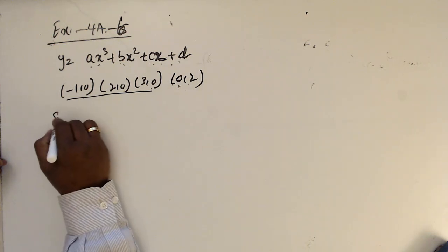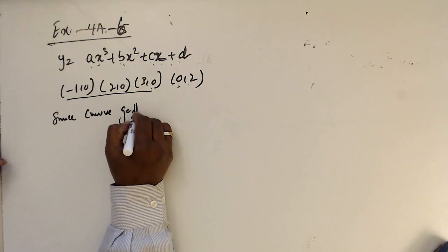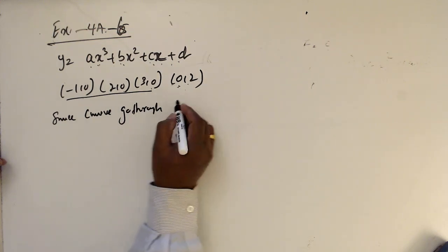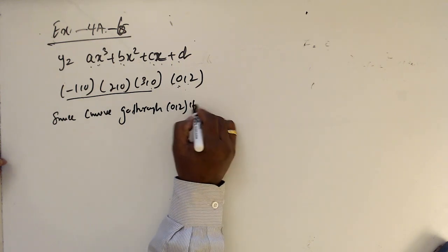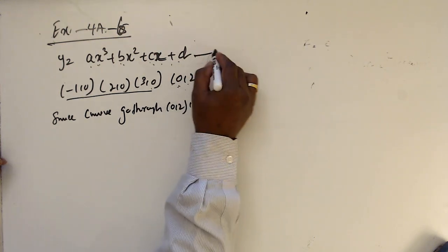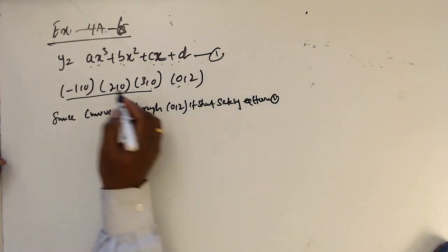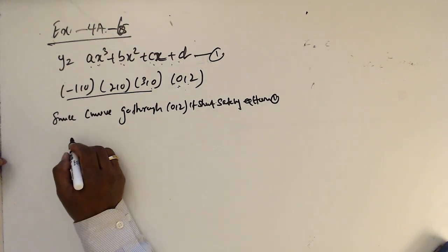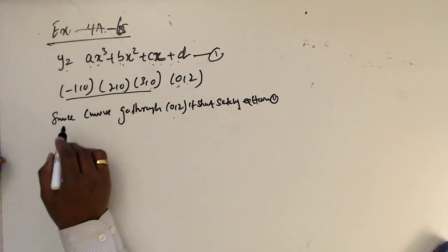Then since the curve goes through 0, 2, it should satisfy equation 1. So I'll substitute now.